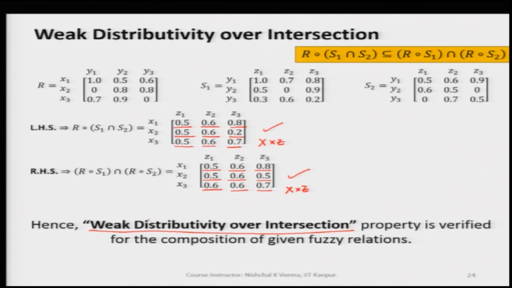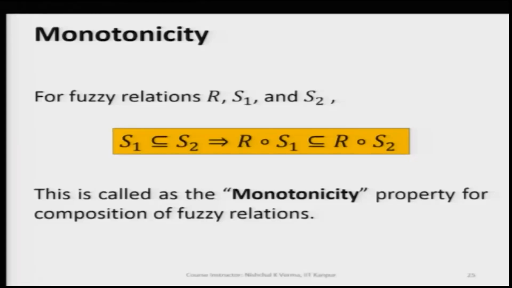So, in general we can say the weak distributivity over intersection property holds good for the composition of given fuzzy relations. Now, let us discuss monotonicity as the fourth property here for fuzzy relations R, S1 and S2.